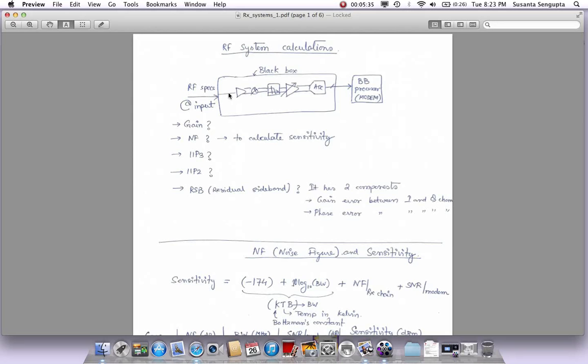So this is like a zero IF system, where you're down converting right to baseband DC. But if you had a low IF, a similar thing is known as image rejection, where you have two paths that you're trying to combine to make a complex filter to reject an image.